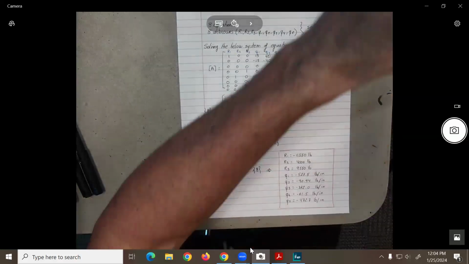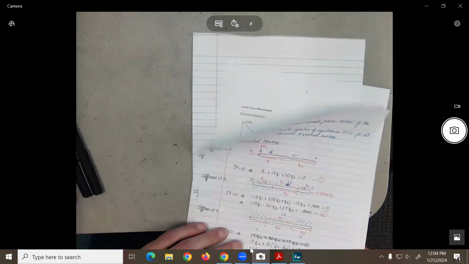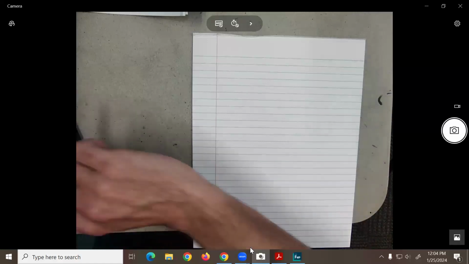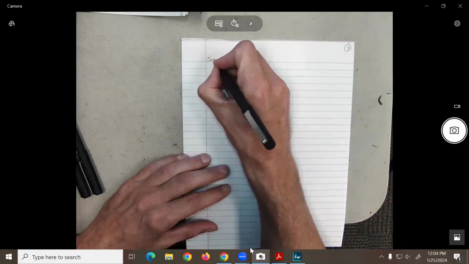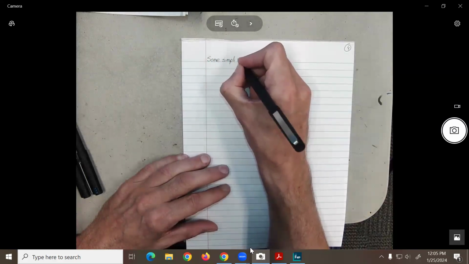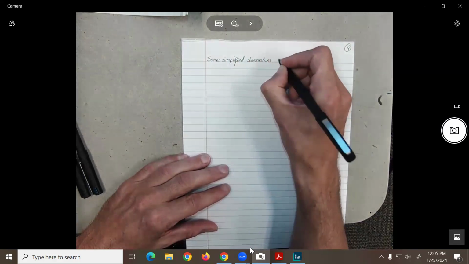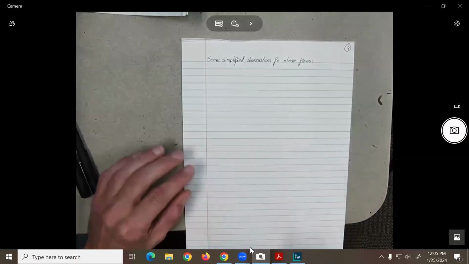All right, so page 1, 2, 3, and 4. Okay, so let's just go over here with some simplified observation for shear flows.